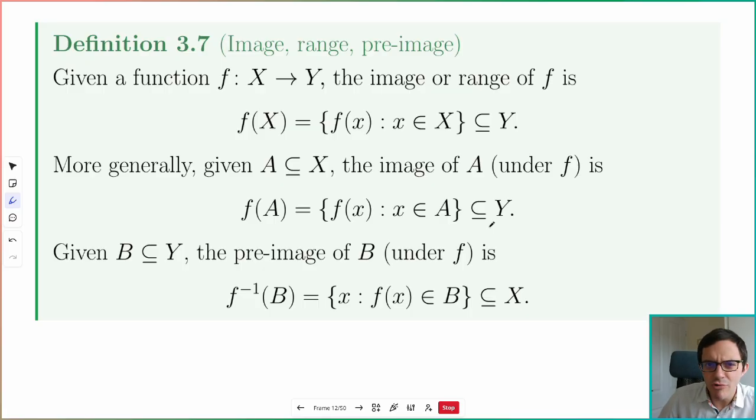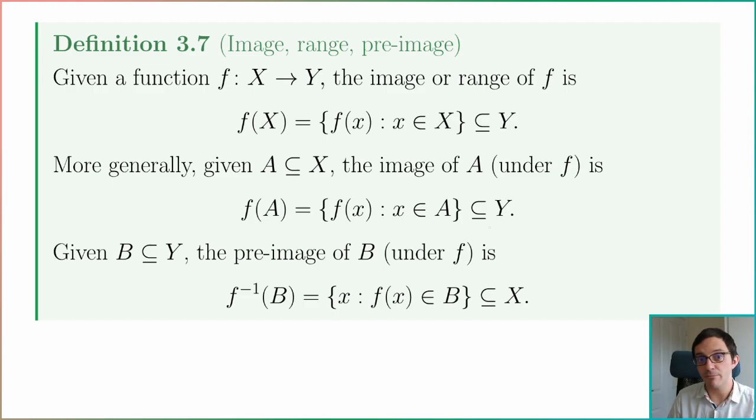We can also try to go the other way. So the sort of natural question here is, given a subset of the codomain, what can we say about the domain relative to that subset of the codomain? And the best we can do at the moment is to talk about the pre-image of B under the function f.